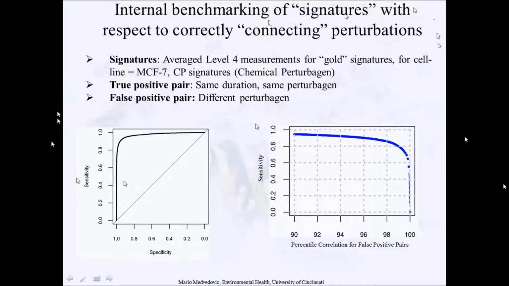I don't remember exactly, but in my head, I think that the distribution of false positive pairs goes up to about 0.2 or 0.3, and this corresponds to about the 20th or 30th percentile of the true positive pairs, and true positive pairs will go up to 0.8.